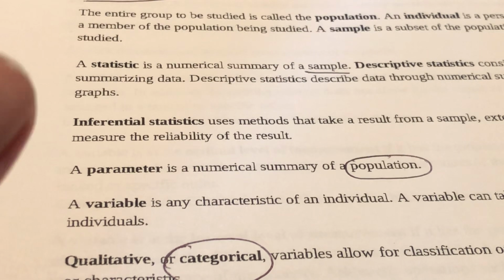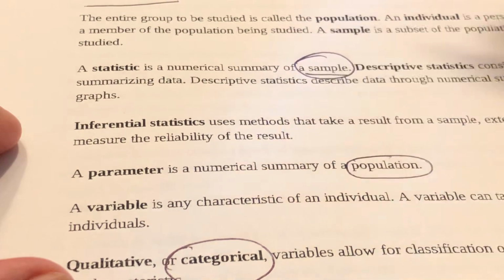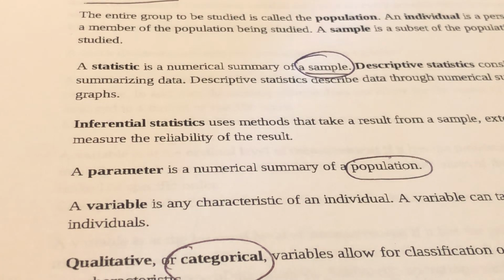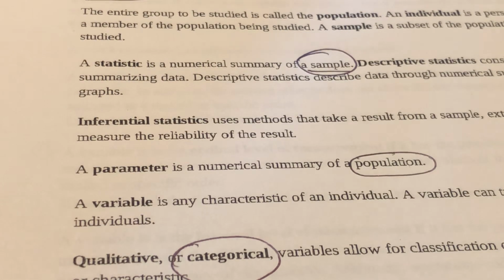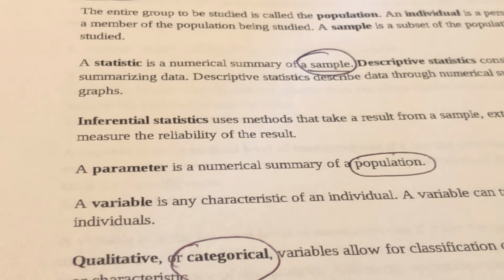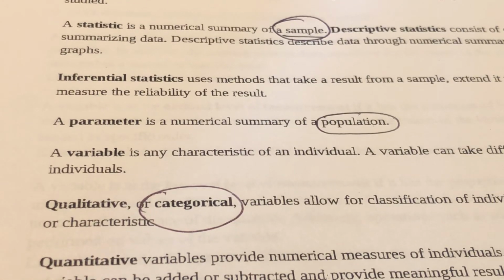A statistic is a numerical summary of a sample. And descriptive statistics, which we're going to do a ton of in the first semester, consist of organizing and summarizing data. Descriptive stats describe data through numerical summaries, tables, and graphs, which we will do in just a few minutes, and then mean and standard deviation in a few short days.